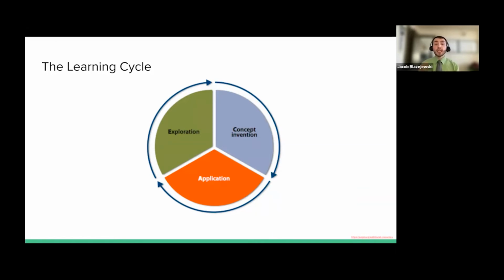From there, they get to invent a concept. Another key tenet of POGIL, which goes along with helping students construct knowledge rather than telling them, is that you keep jargon to a minimum for as long as possible. You try to get students comfortable with an idea before you formally define it.